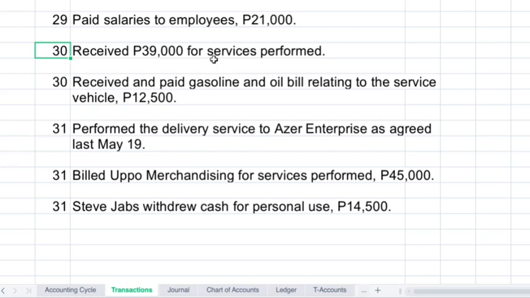Alright. So we received 39,000, so meaning we received cash. So the accounts affected here are cash and delivery revenue. Kasi we received cash for services performed. So nag-render tayo ng service.